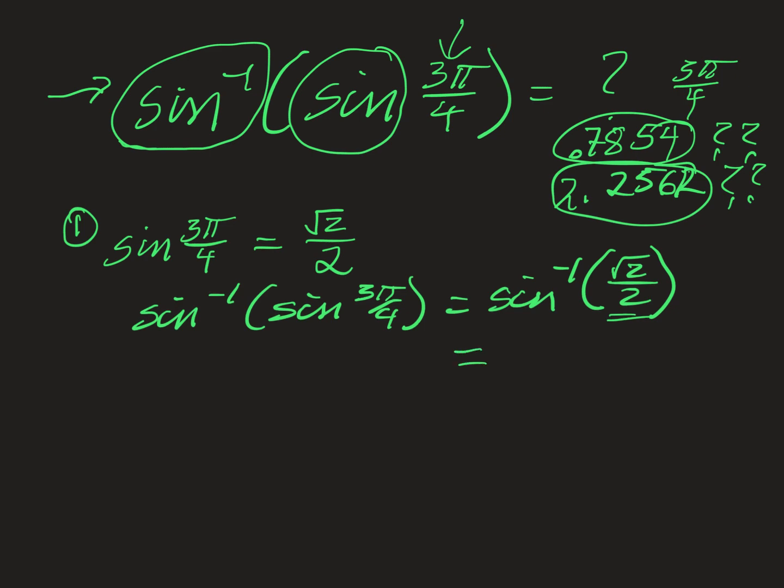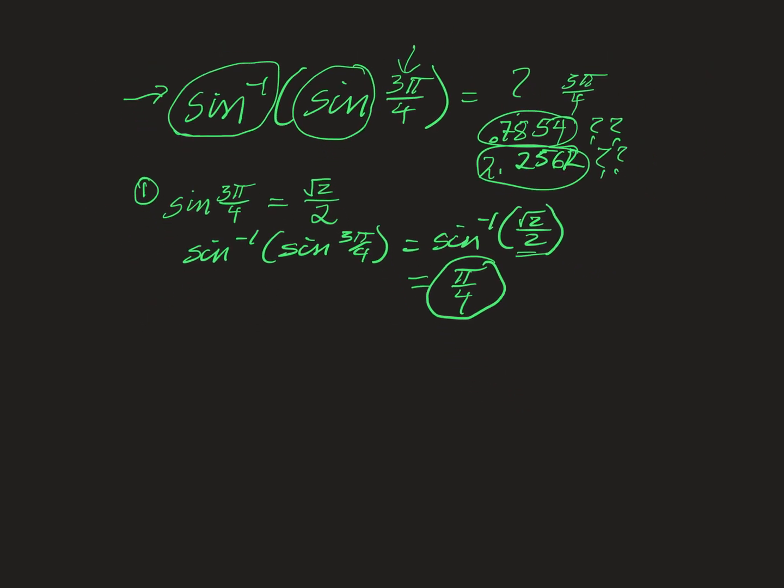And that is going to be pi over 4. And so right away on this first problem, you see that you need to do this step by step versus just assuming things undo each other. And this is a big deal, okay? So let's go to another problem. Next problem, okay?